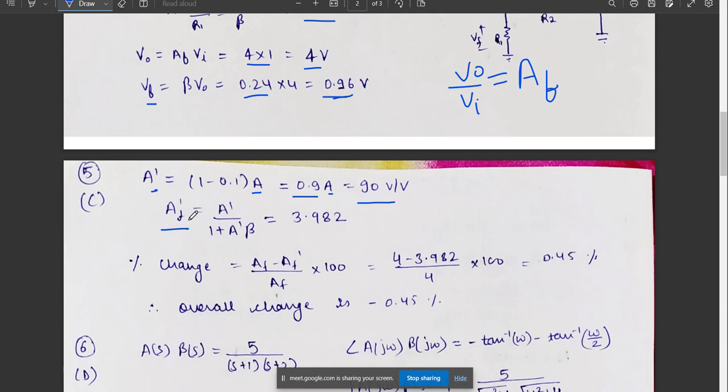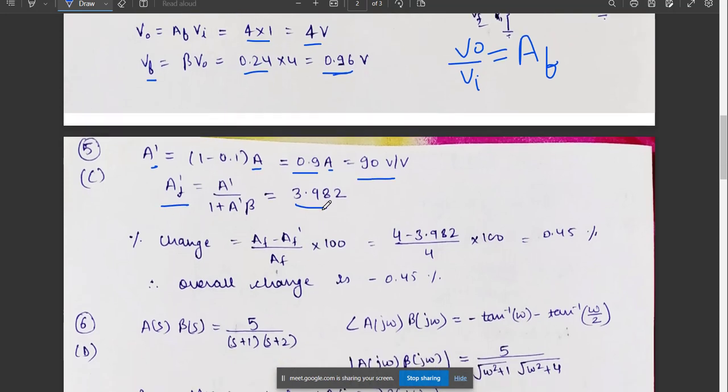Then the new closed loop gain is AF dash, which will be equal to the new open loop gain, that is A dash upon 1 plus A dash beta. So we'll put all the values. We got 3.982. Now the new percentage change is AF minus AF dash divided by AF into 100.